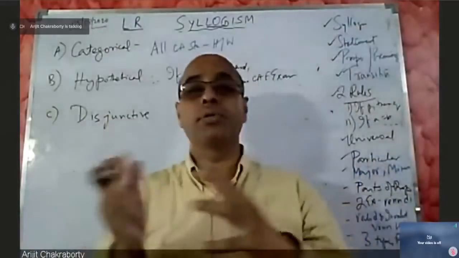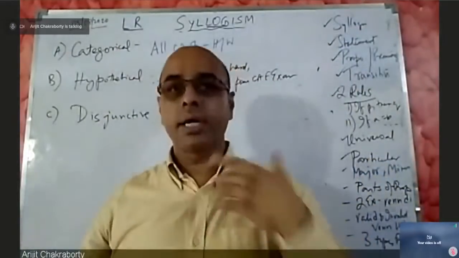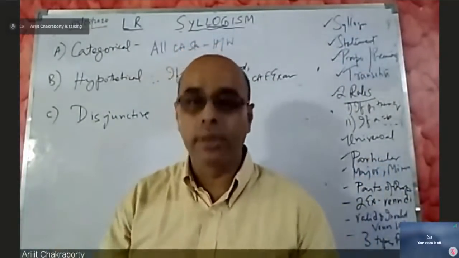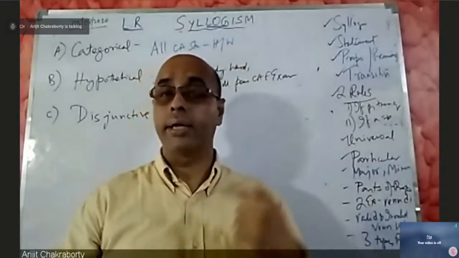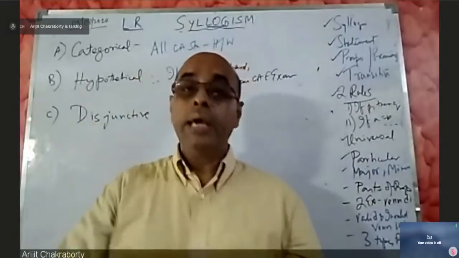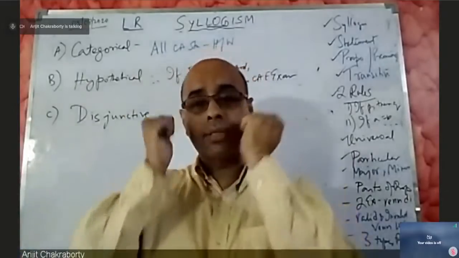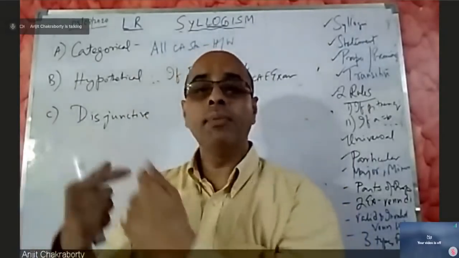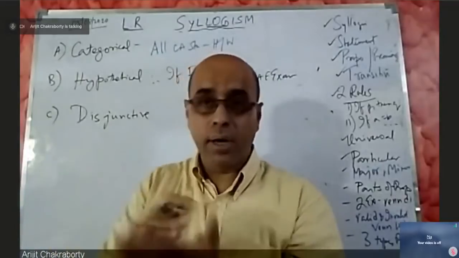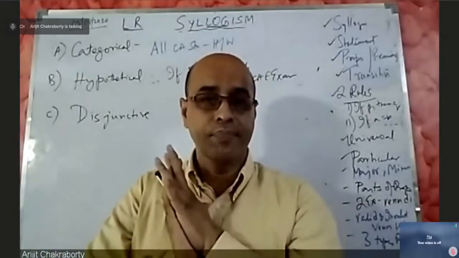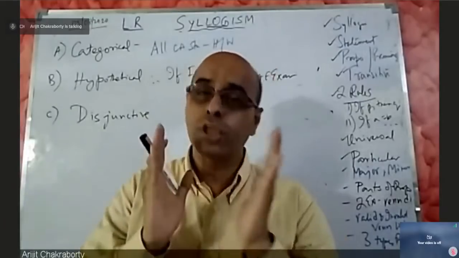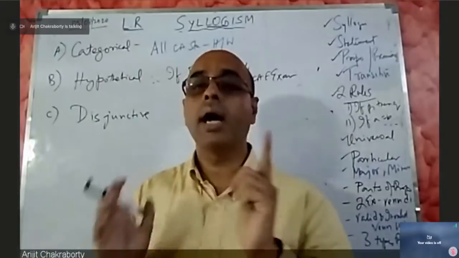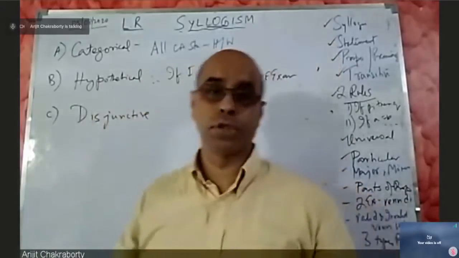Hypothetical is hypothesis, a particular circumstance. It's based on a condition, circumstance, situation. If it rains, I will carry an umbrella. If I go out, I will wear a mask. If I come back to my office, I will first sanitize my hands. Conditional or situational, these are called hypothetical proposition.